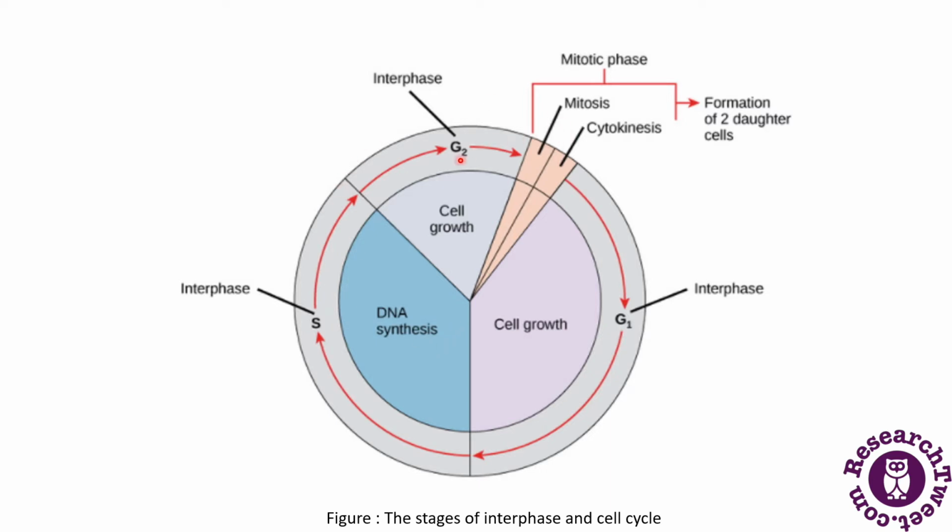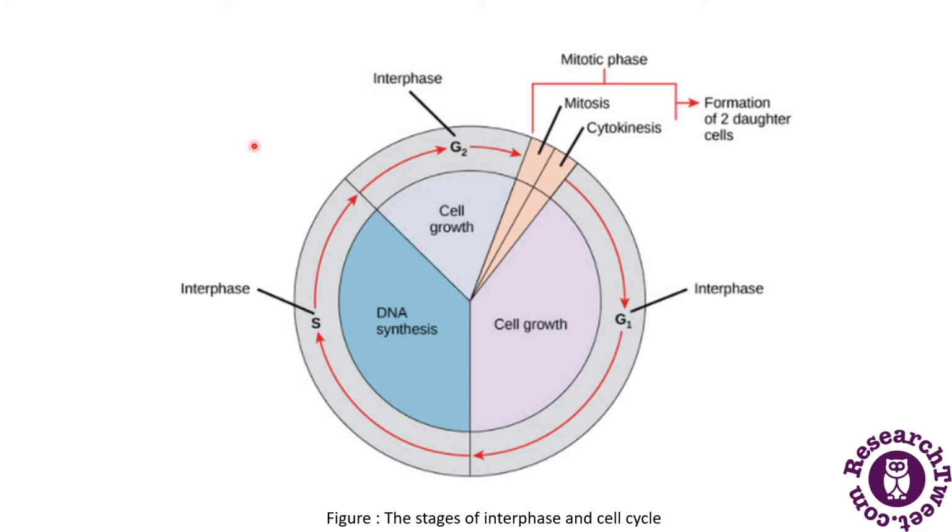Then comes the G2 phase where the cell growth takes place. So that's why in the definition of interphase in the introduction slide it was written that it is basically related to the cell growth and DNA replication. So here DNA synthesis or DNA replication is taking place in the S phase and the cell growth is taking place in the G1 and the G2 phase.